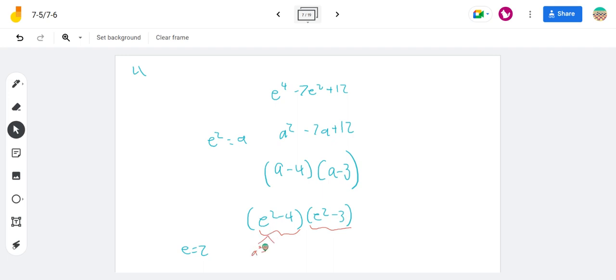So a square minus b square is a plus b, and then a minus b.